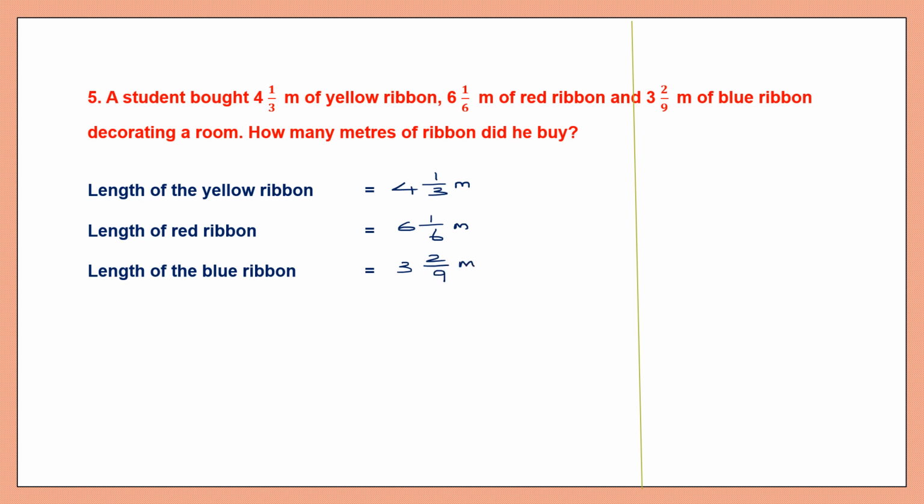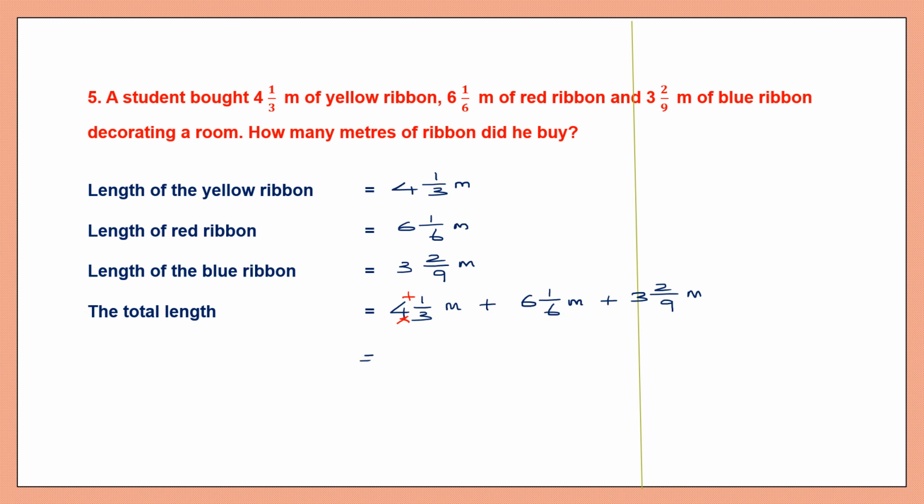Now we have to find out totally how much he bought. So the total length will be, we have to add up and we can find. So that is 4 1 by 3 meters plus 6 1 by 6 meters plus 3 2 by 9 meters. So first step is let's convert them all to improper fractions. So 3 fours are 12 plus 1 is 13.